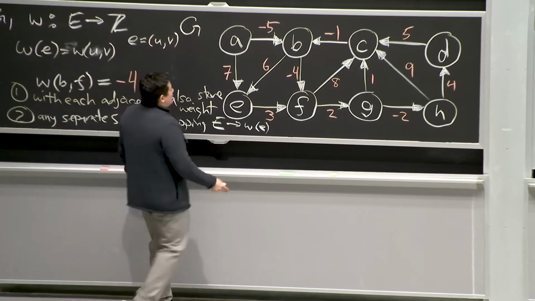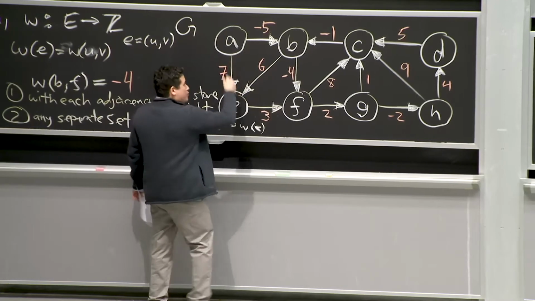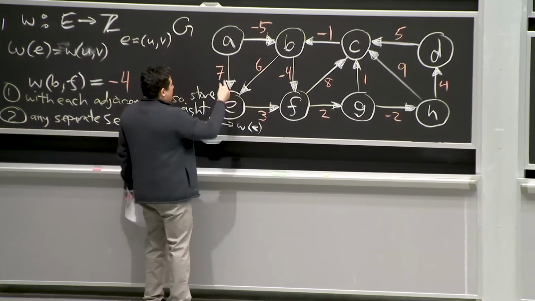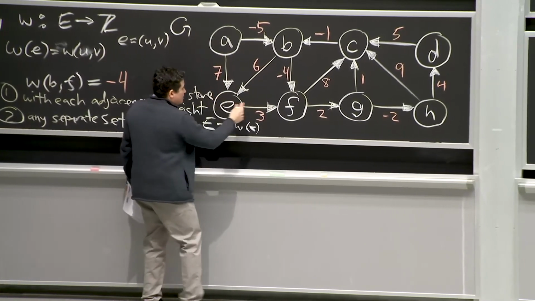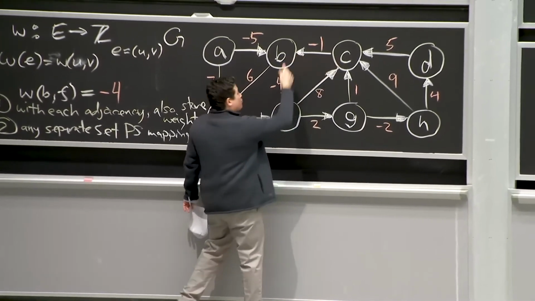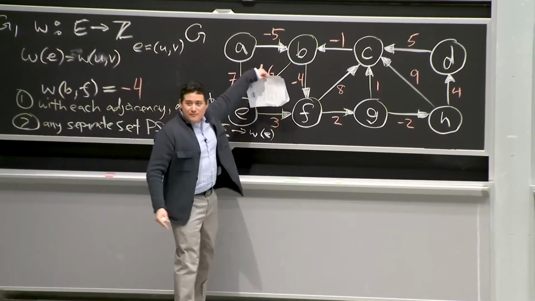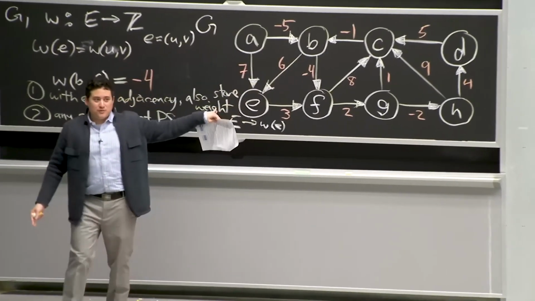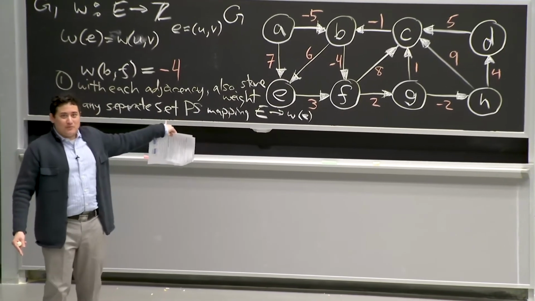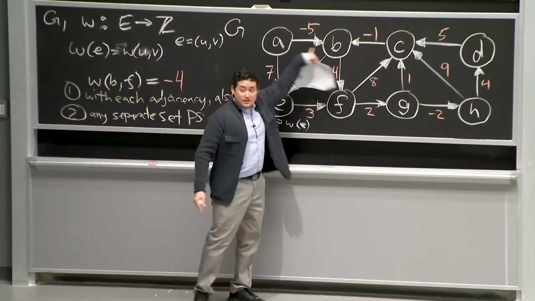And it seems that if I go around this graph through another way, it might be bigger, right? So I go 7 plus 3 plus 8, that's 15, minus 1, that's 14. That's much bigger than my -5. So it seems like -5 should be good, right? Anyone have a problem with this path, or with this being the shortest path?